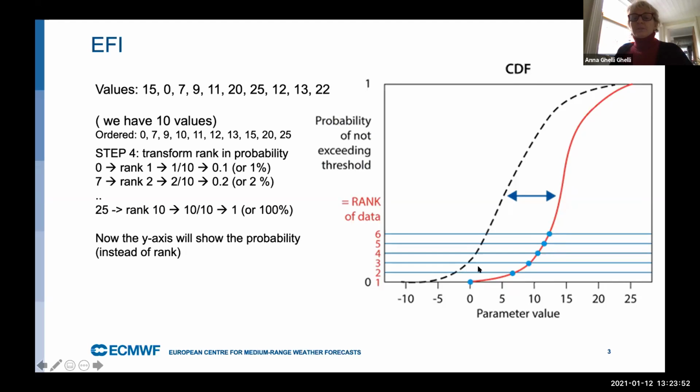So it means that we have 2% probability of our precipitation to be below the value of 7. So all the values below 7 have 2% probability of being there.